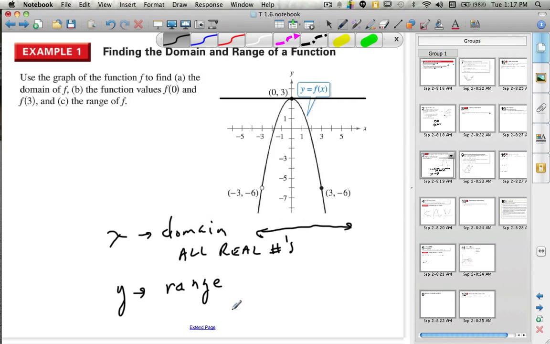So then the range would be that y is less than or equal to 3. I've got this barrier where I just stop and I can't go any higher than that. Okay, which should be typical of a quadratic. It either has a maximum or a minimum. So there's always a range limitation on a quadratic function.